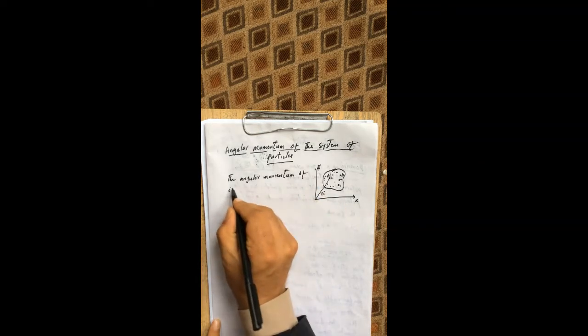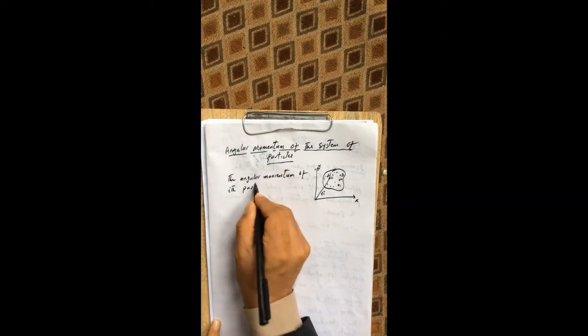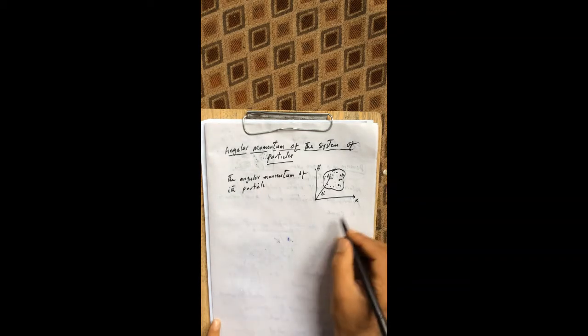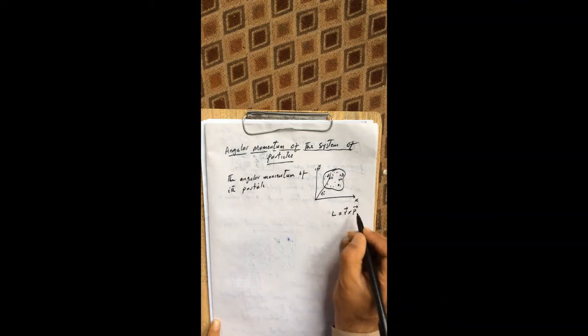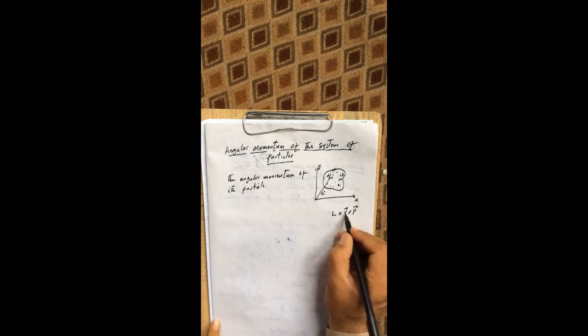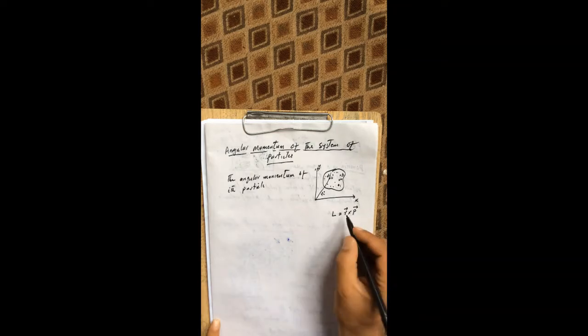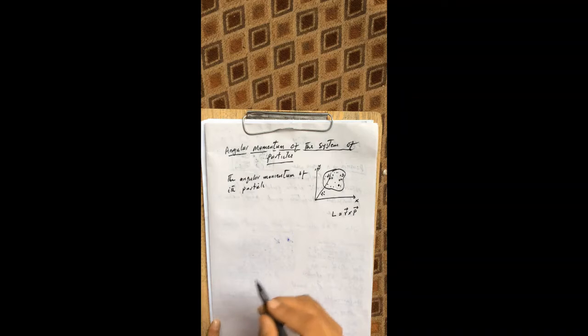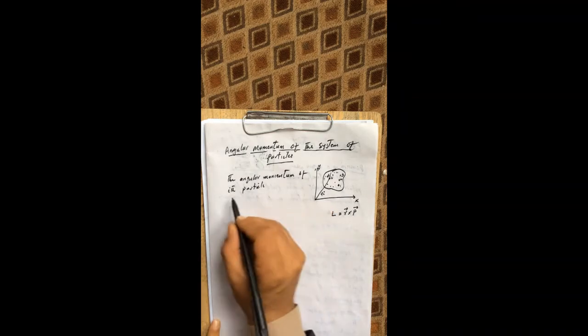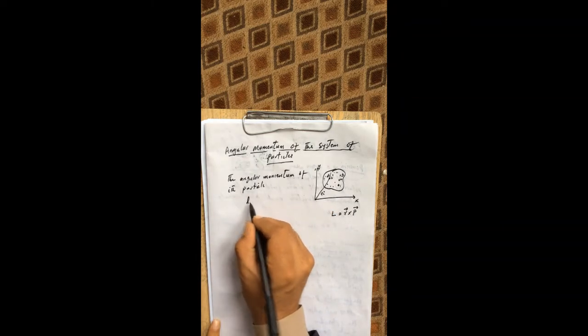Normally we define angular momentum as the cross product of r and p, or r cross p, where p is the linear momentum and r is the position vector, the distance from the point of rotation. Okay, so the angular momentum of the ith particle, I represent it by li, a small l. This is the angular momentum of a single particle.